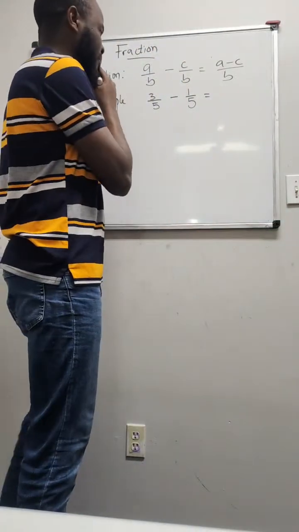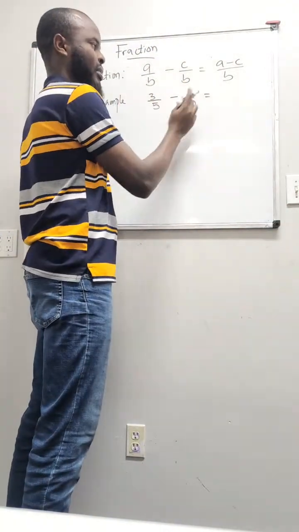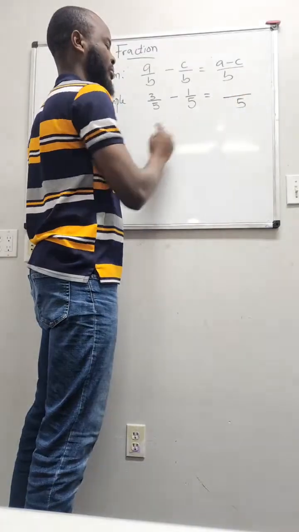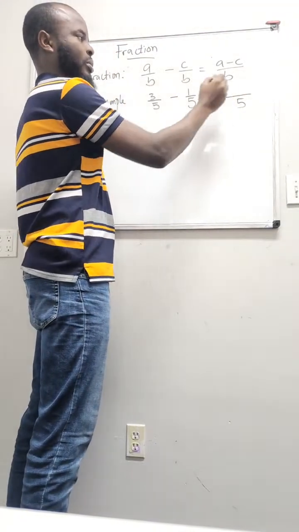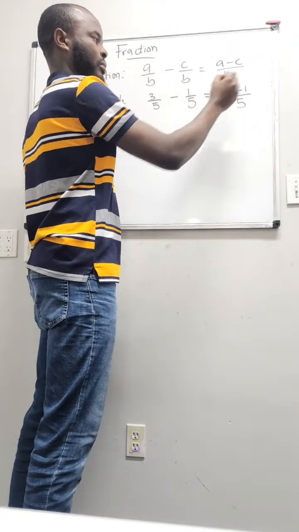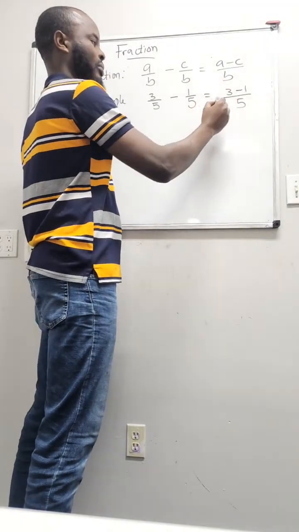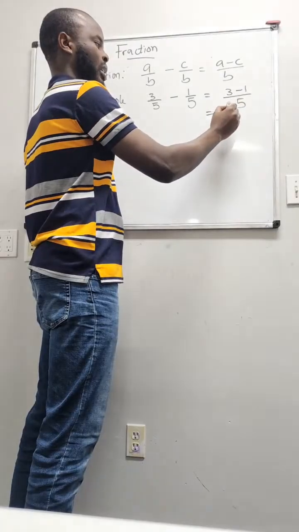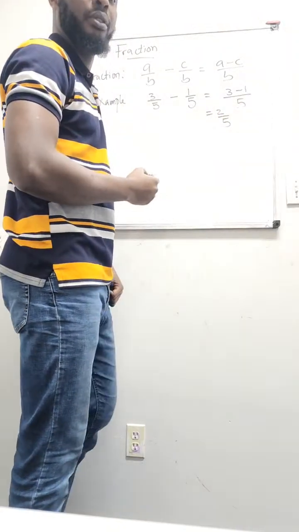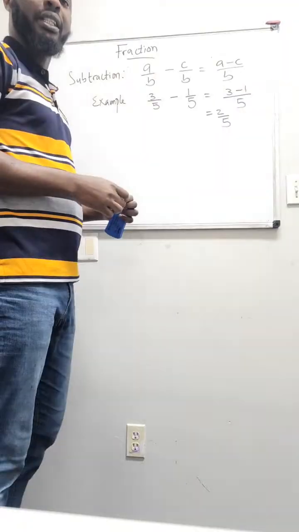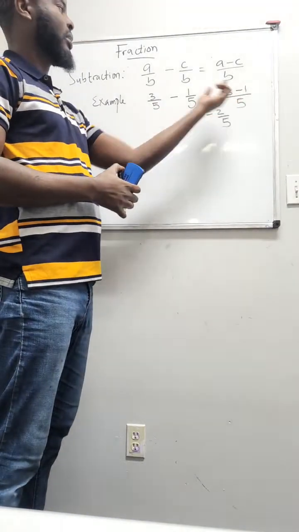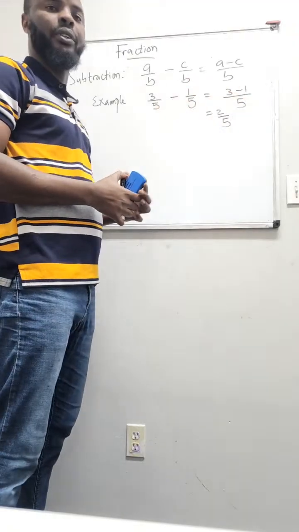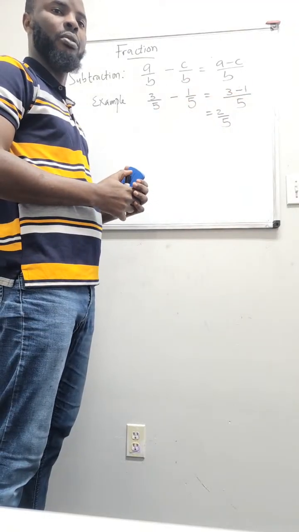And as for this, we have the same common denominator of 5. So what you just have to do is subtract the numerator, which is 3 minus 1. And here we have 2 over 5. So what I just did here is you have the same denominator, repeat it, subtract the numerator. That is the general rule.